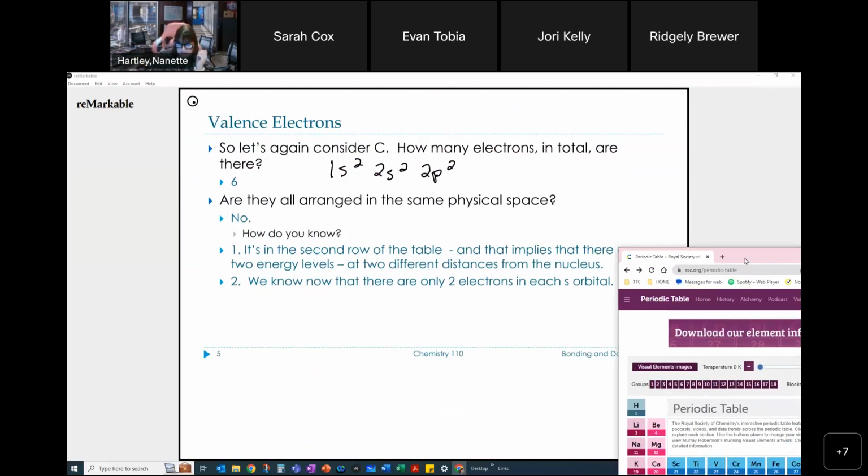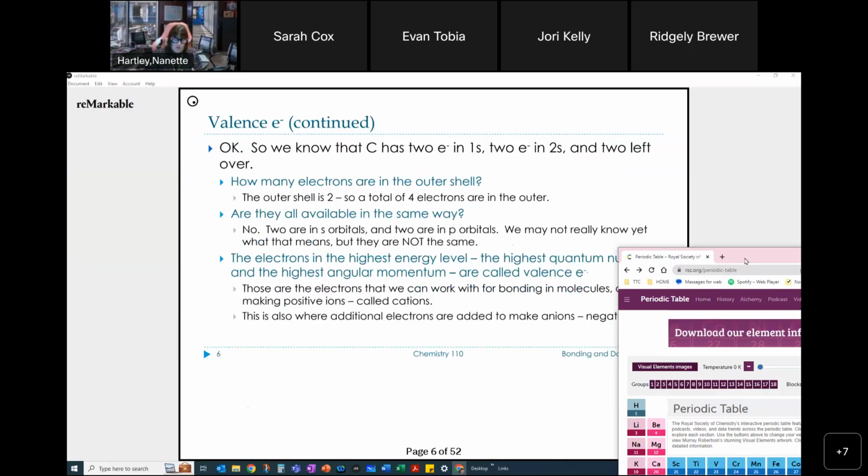Okay, awesome. So carbon has 2 electrons in the 1s, 2 electrons in the 2s, and 2 left over. So in that outer shell, that level 2, right, then I have 4 electrons that we're talking about. 4 electrons that are in that outer shell.